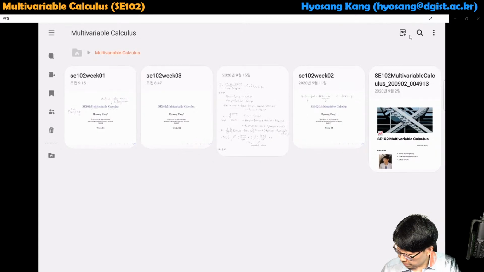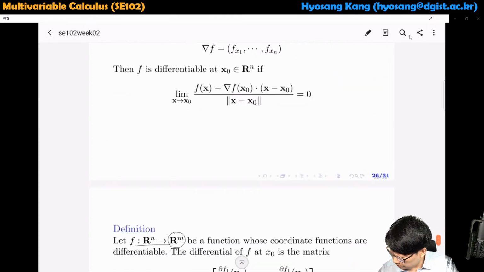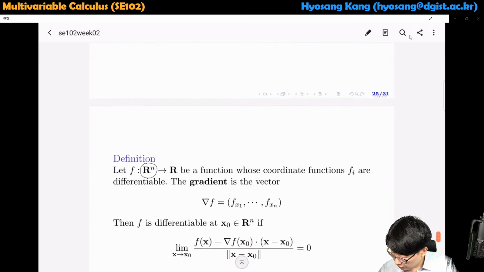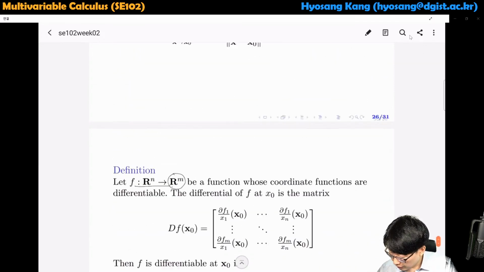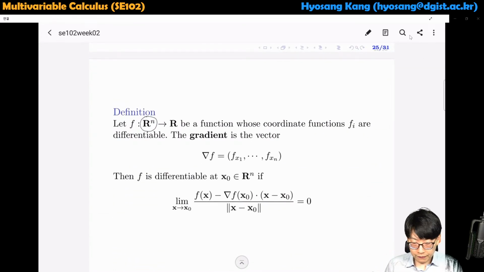Right. So let's look at the last part of the second week. Last week we defined the differentiability of a two variable function of the form z equals f of x, y.